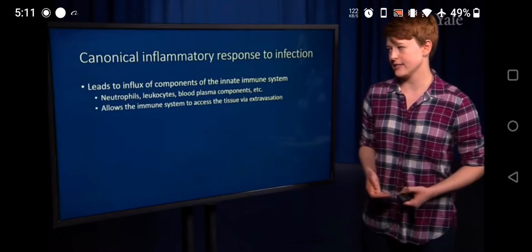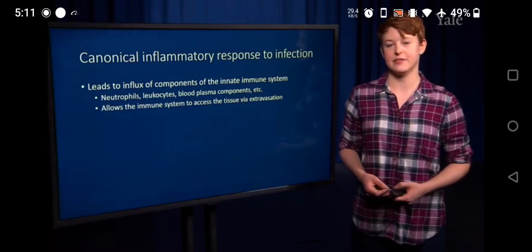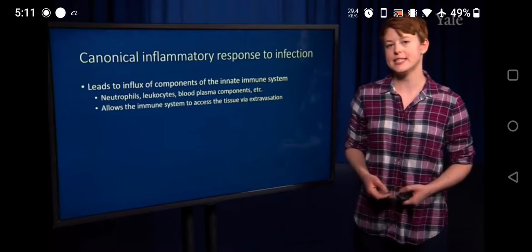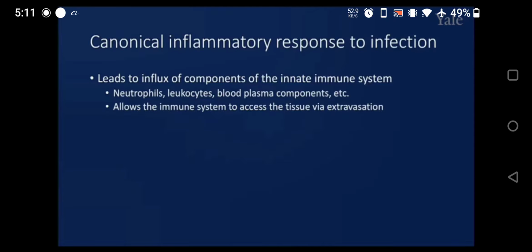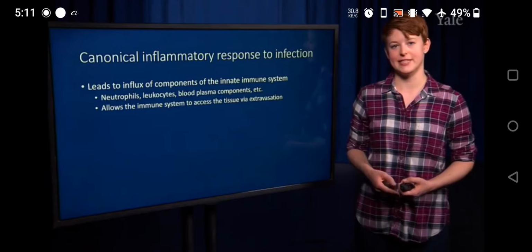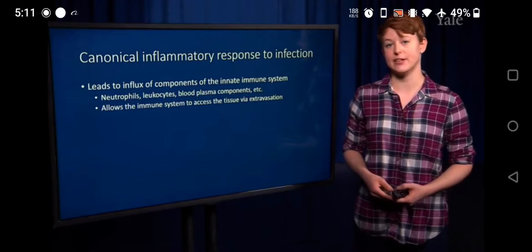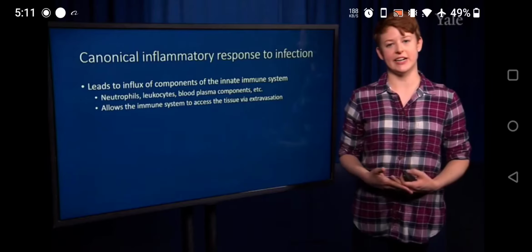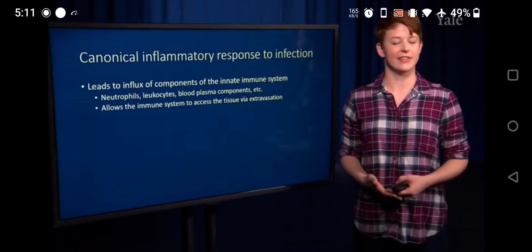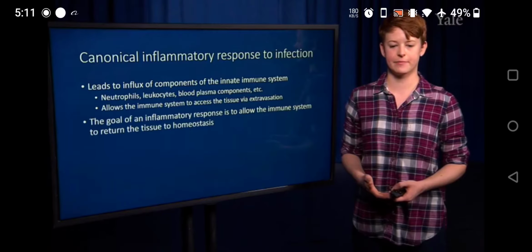So this response leads to an influx of components of the immune system. So we discussed some of the cell types like neutrophils and leukocytes, but this also allows the influx of components from the blood, such as blood plasma and antibodies. And this allows the immune system to access those tissues that normally are behind the barrier of the endothelium and basement membrane.